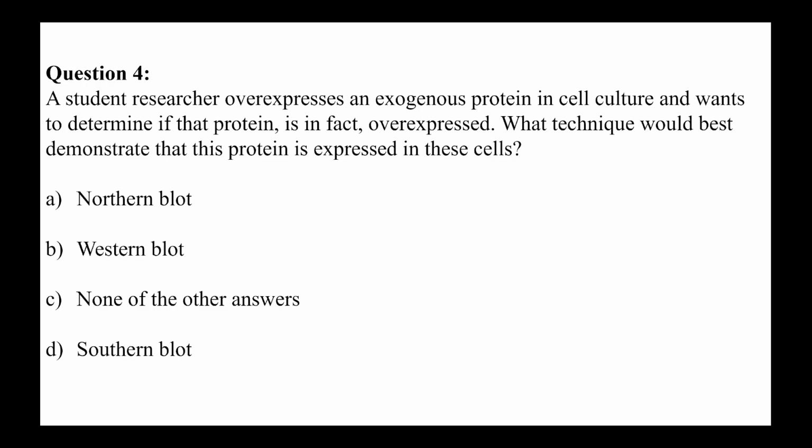A student researcher overexpresses an exogenous protein in cell culture and wants to determine if that protein is in fact overexpressed. What technique would best demonstrate that this protein is expressed in these cells?